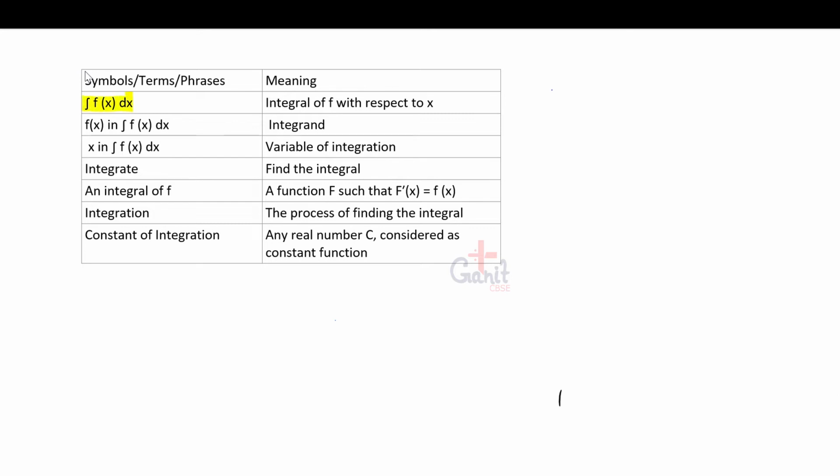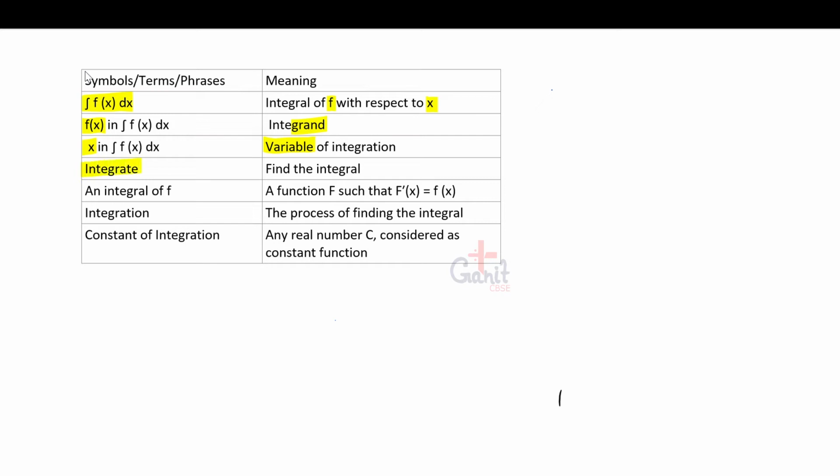So the integral of f of x dx, we read as integral of f with respect to x. Here f of x is the integrand, and x in f of x dx is the variable of integration, that is, with respect to what you are integrating.